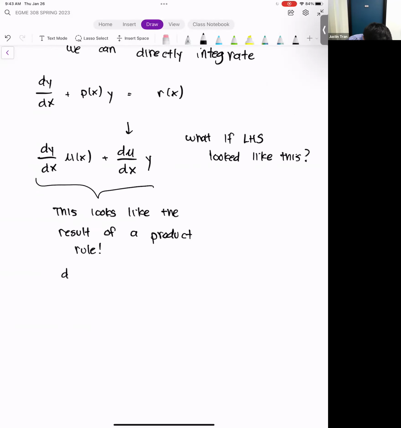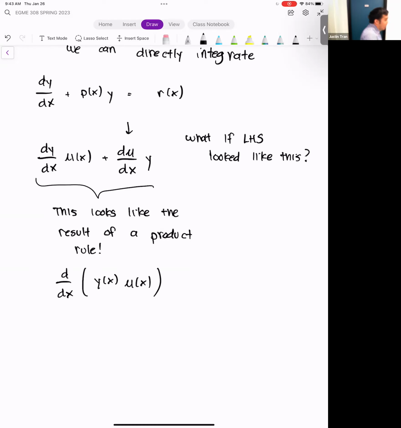In other words, if we do d dx of y of x times mu of x and carry out the product rule for that expression, then we get the expression above.